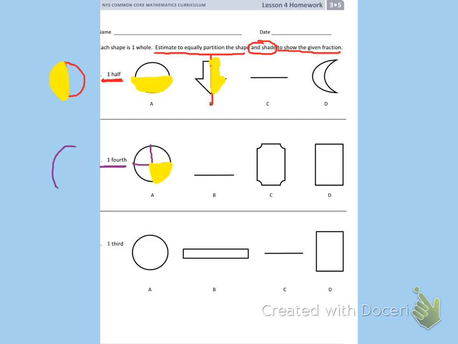Another way that this could be divided into fourths is this way. Again, only one piece of the pie is shaded. Let's look at the line. I will divide it into fourths.